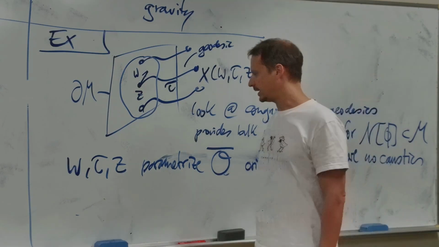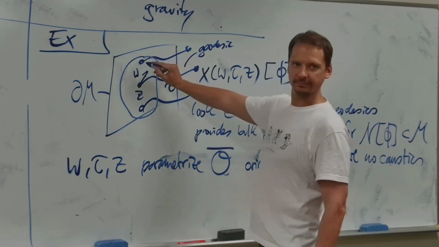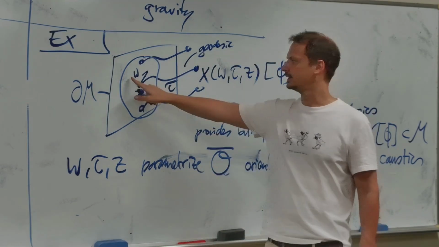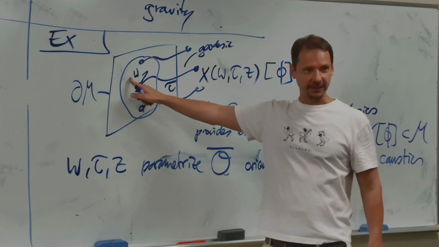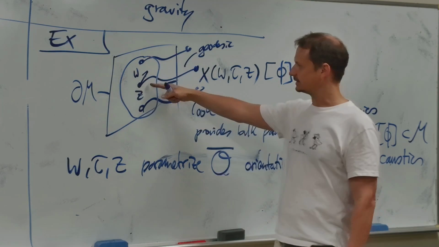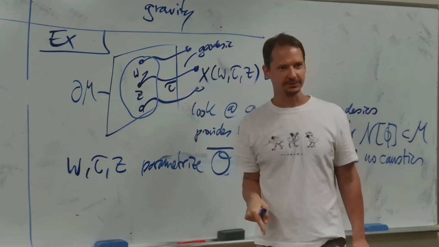Now, suppose in this region on the boundary I fix the boundary vector field W, which determines the initial direction of the geodesic into the bulk.